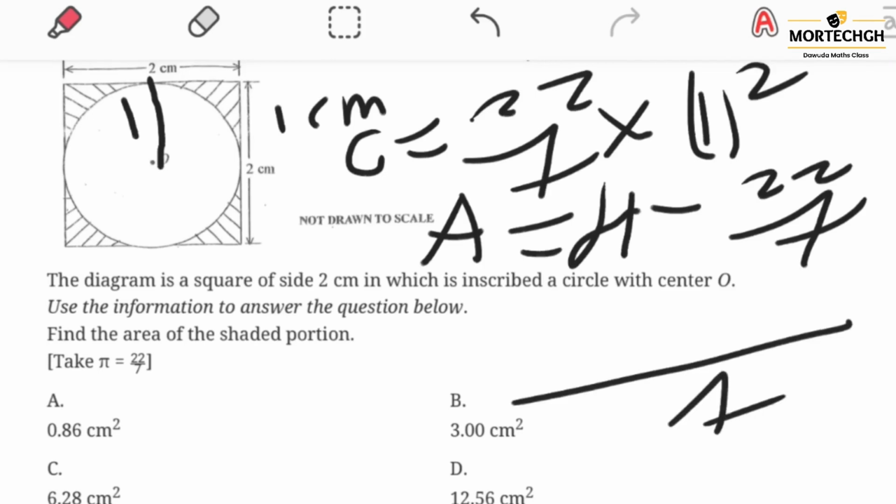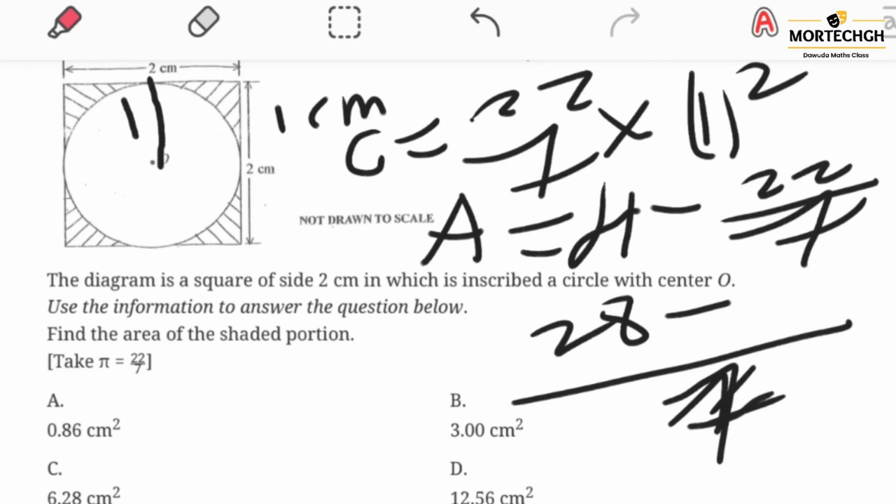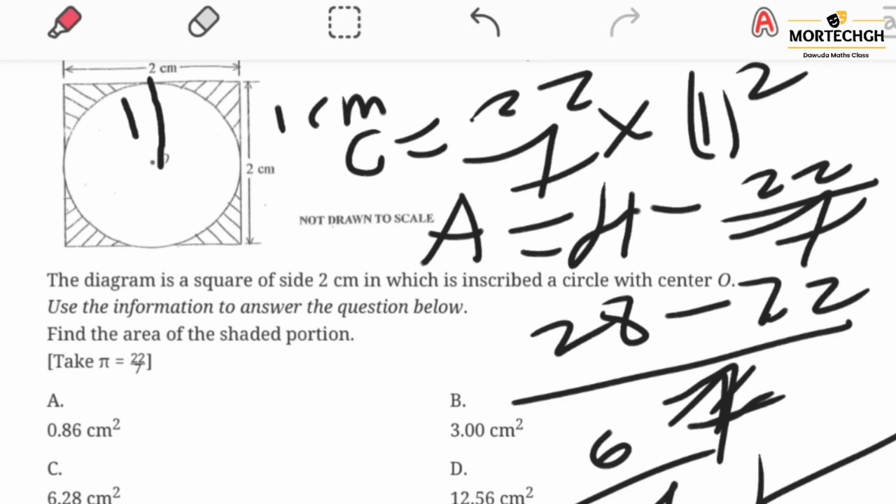So 7 times 4 will give you 28, minus 22, with the 7s cancelling. 28 minus 22 will give you 6. So it will be 6/7, and that's the final answer, 6/7.